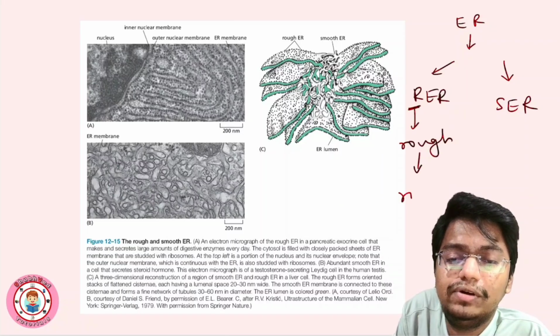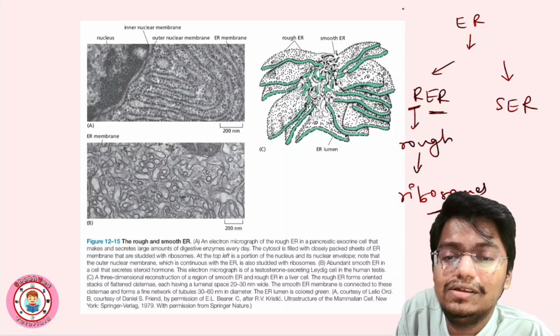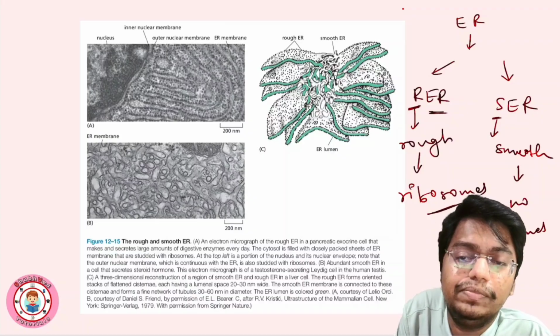Because of the presence of ribosomes, right? Ribosomes are present, so that gives a rough texture to the ER because of the ribosome presence, and this is smooth. Why smooth? Because no ribosomes. Okay, no ribosomes. Got it?